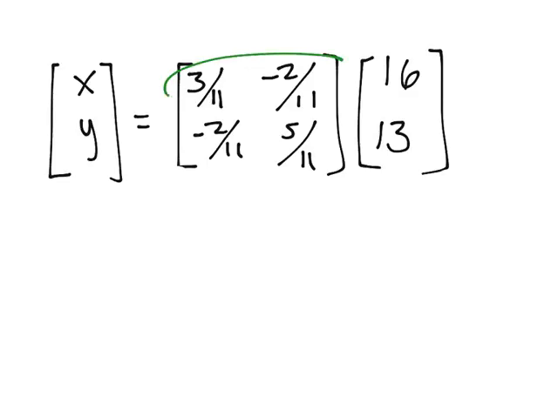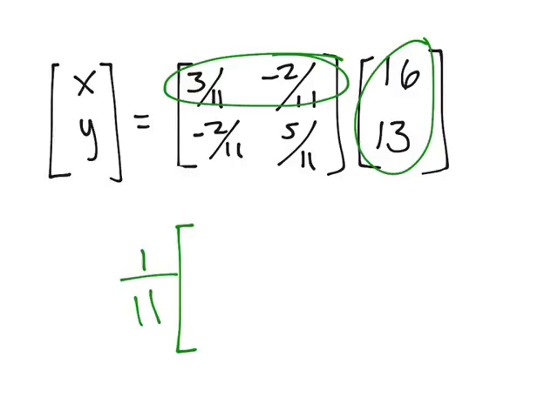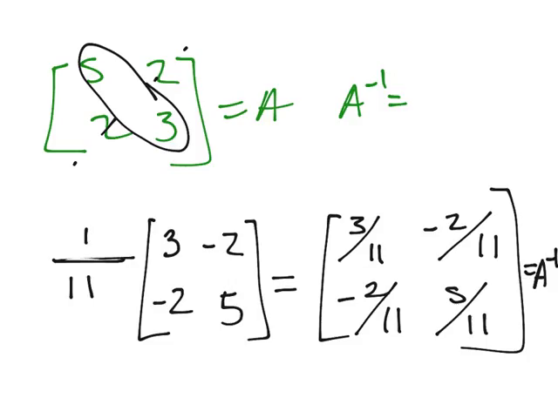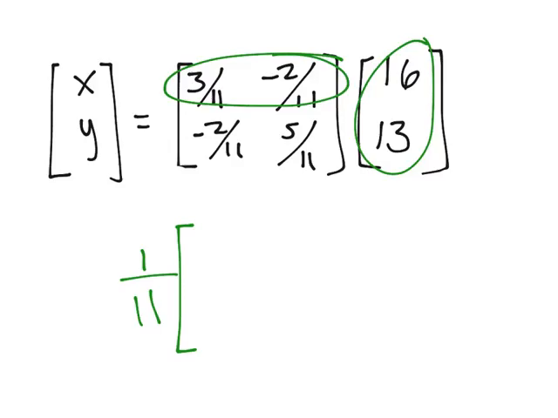So first row times column. I'm just going to factor out a 1 over 11. I don't think it was such a good idea to multiply by the scalar first, because we get kind of ugly numbers.